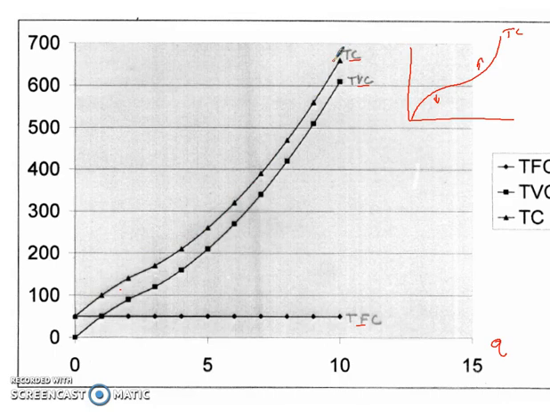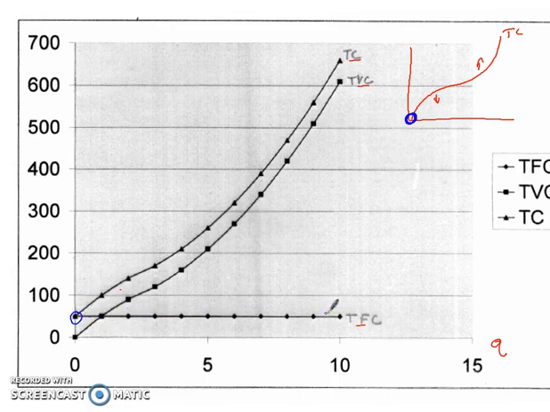And then the total variable cost is going to be right below the total cost, and it's going to do the same thing. I actually drew mine wrong over here where I just drew it by hand, and the reason why is this. The total cost curve is going to intersect the vertical axis right here at the fixed cost.